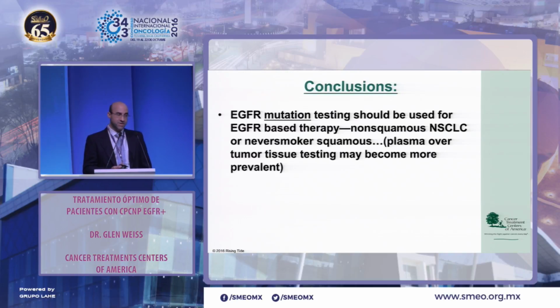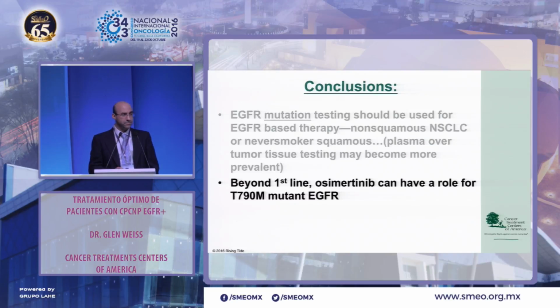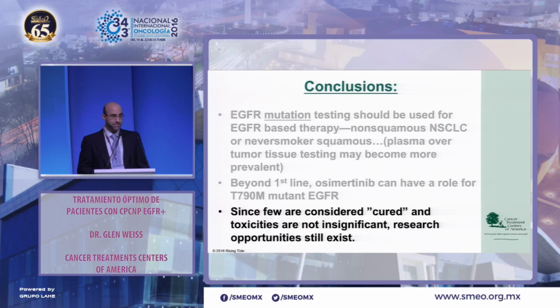One could use tissue testing, and now there's the availability of plasma testing. And that would be primarily reserved right now for patients where it's inaccessible or unsafe to get a metastatic lesion or you don't have archival tissue available. Beyond first-line therapy, osimertinib can have a role, specifically in patients with the T790M mutation.